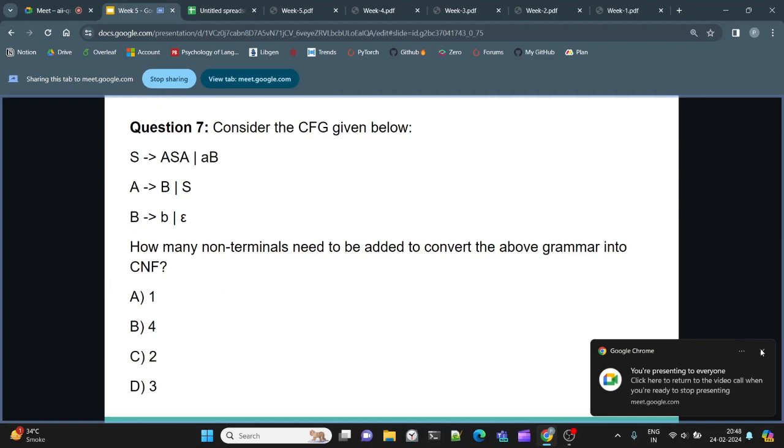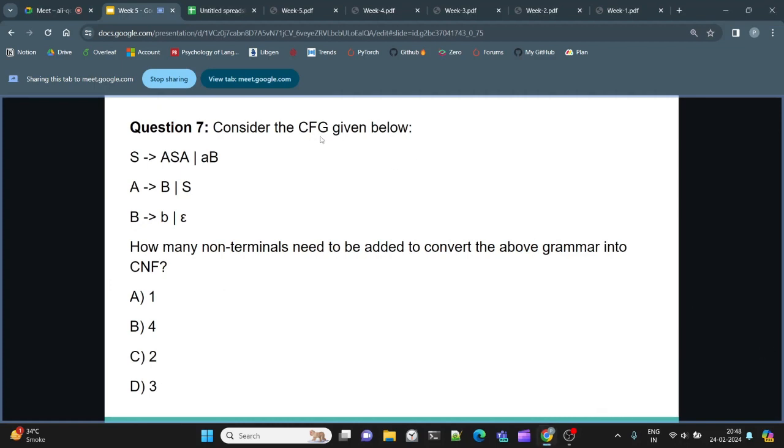Let's try this question. There is another CFG question. So again, we have to find how many non-terminals need to be added to convert the grammar to CNF. We have to follow the exact same steps that we discussed in a few problems before. So just try this for a couple of minutes. We'll discuss this.